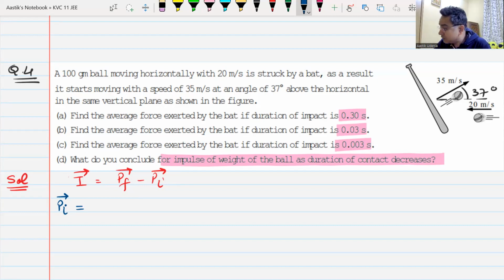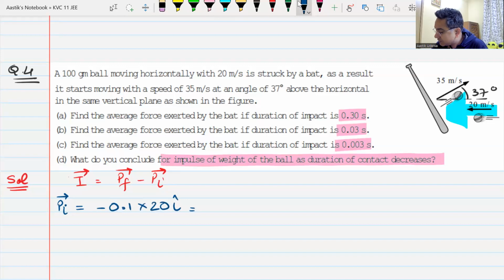Okay. So the initial velocity is 20 meters per second in this direction, so it is minus 20i, multiplied by 100 grams. So it is minus 0.1 kg multiplied by 20i.